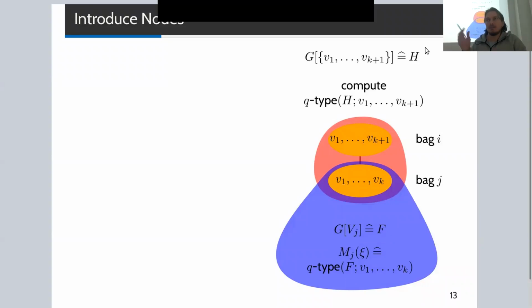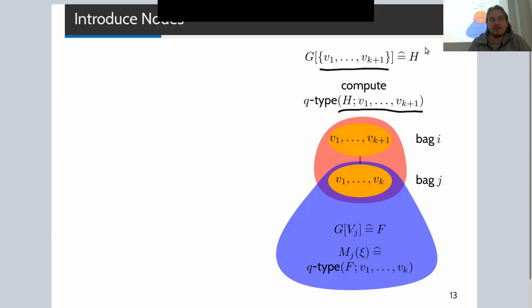Our graph H that we will use for Feferman-Vaught will be a rather small graph: just the graph G induced on v_1 to v_{k+1}, so it contains exactly the vertices that are in the bag of I. What we can now compute using brute force is the Q-type of H on v_1 to v_{k+1}. The size of H is bounded, simply k plus 1, so it's rather small, and we can evaluate all formulas of quantifier rank at most q on this small graph. This way we get the Q-type of H.